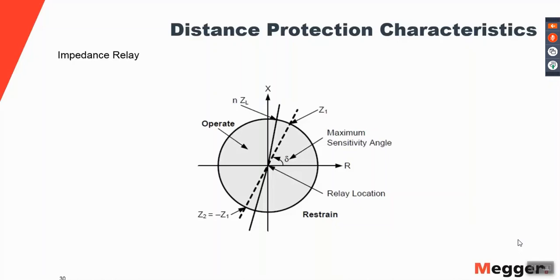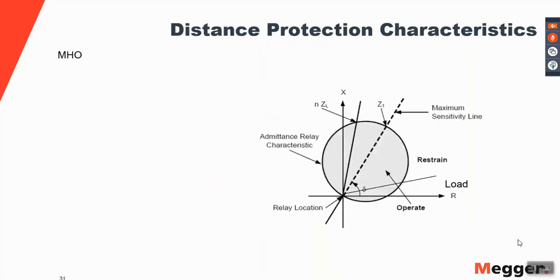It is the simplest type of impedance relay that you can come up with, but it has been superseded by characteristics such as this one, the Mho protection relay. We are not, unfortunately, going to have time to derive the characteristic of the Mho relay. You can find that in the literature out there.